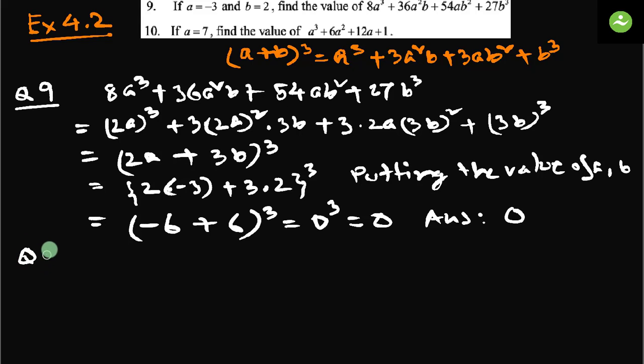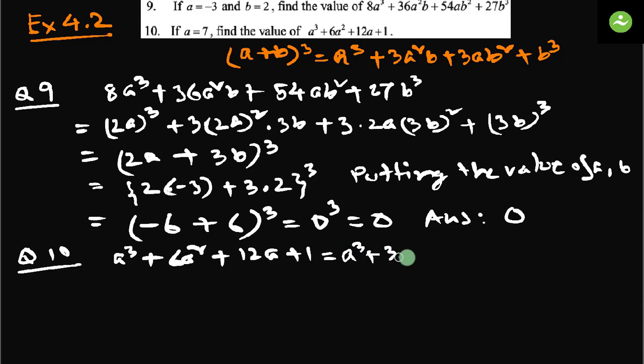Question number 10. Find the value of a cube plus 6a square plus 12a plus 1. a cube plus 6a square plus 12a plus 1 equals a cube plus 6a square, a cube plus 3 into a square into b.